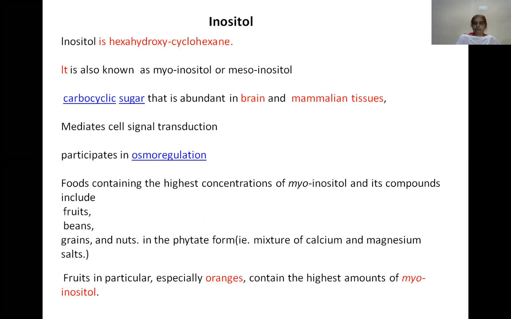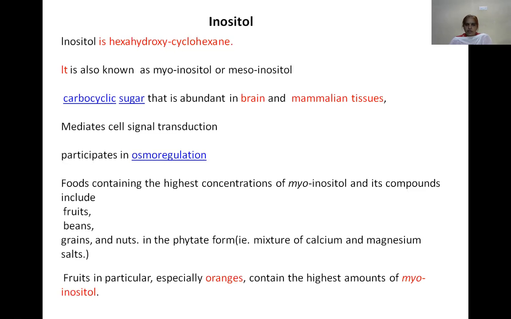Now see the next one, inositol. The chemical name of inositol is hexahydroxycyclohexane. Inositol shows isomerism, 9 types of isomers, of which myo-inositol or meso-inositol is the most important.